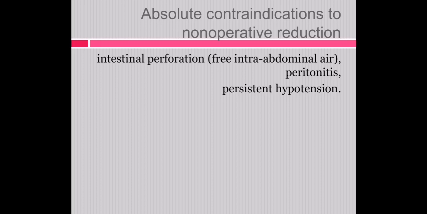Other indications for surgical reduction are a secondary pathologic leading point of intussusception and failure of non-operative reduction. So, in short, there are 3 contraindications for non-operative reduction, and there are 5 points as indications for surgical reduction.